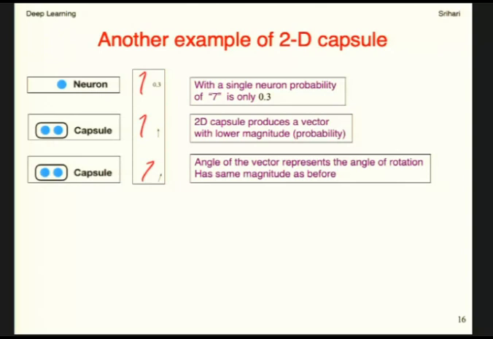A capsule again produces a short vector, a lower magnitude probability. It captures the same idea. It has a magnitude of 0.3 and a direction which is again vertical. And we can say this one is a rotated version, again 0.3, but with a rotation here. So it's capturing two pieces of information.